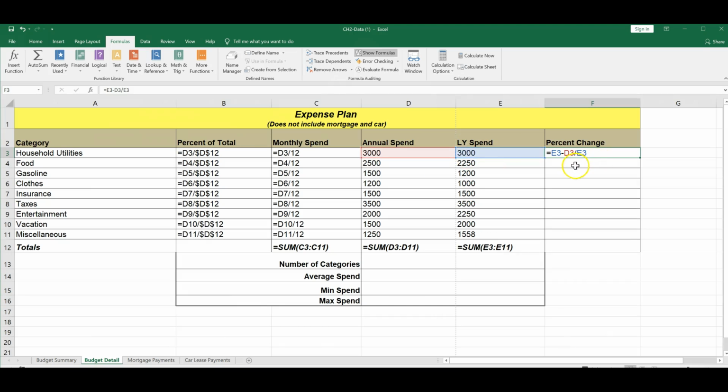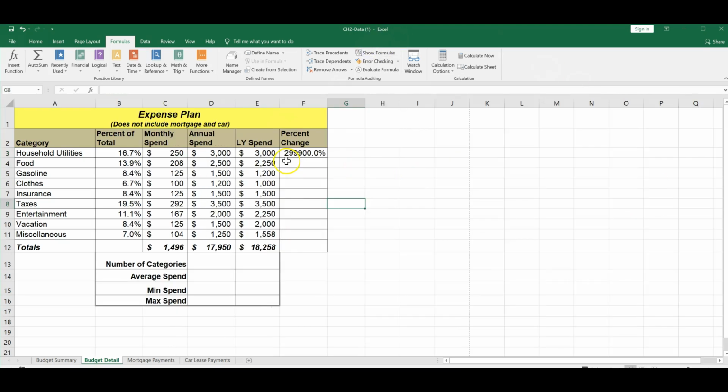And then addition, subtraction: I'm going to subtract that from E3, which is 3,000, minus 1, which would be 2,999. Okay, so we'll go back. We're in a percentage format, so it moves the decimal place over and puts the percent sign on the back side.